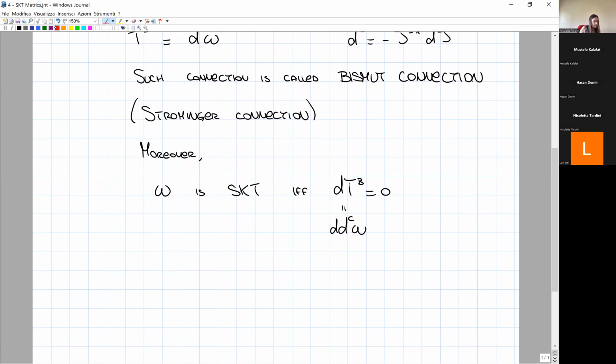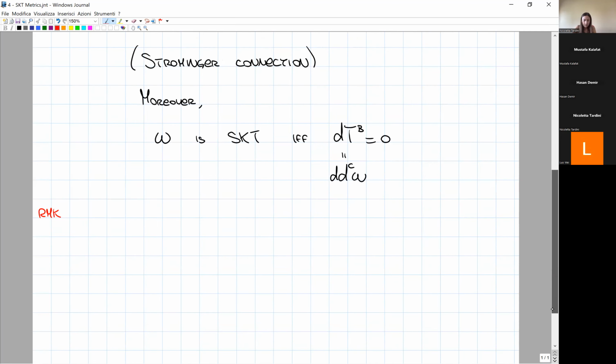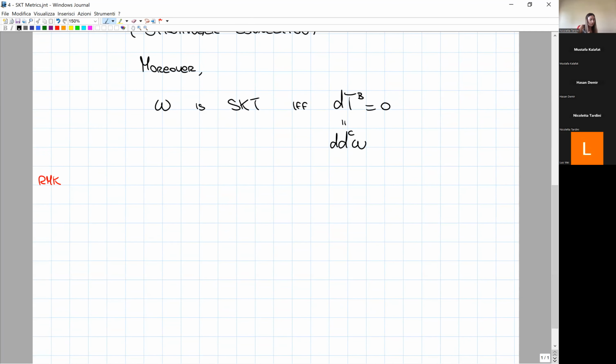Also, just for notation, let me recall the definition of the curvature tensor of a connection.